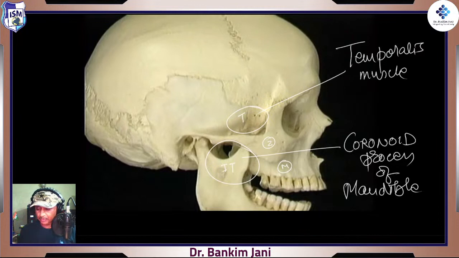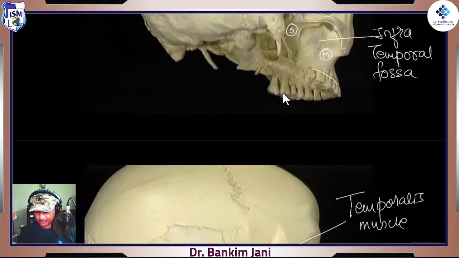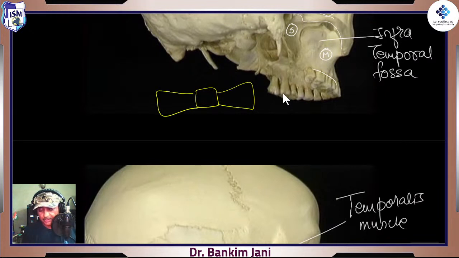Plus, in the infratemporal fossa, though we have talked about it, still think of it this way. You remember the sphenoid bone? The sphenoid bone had a body. Then there was a greater wing, correct? Then there was a lesser wing, right? We are drawing very crudely, the lesser wing.